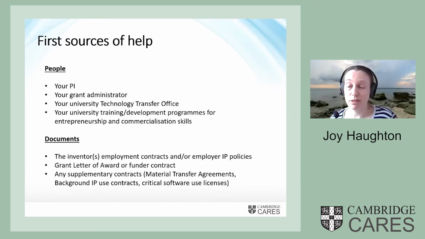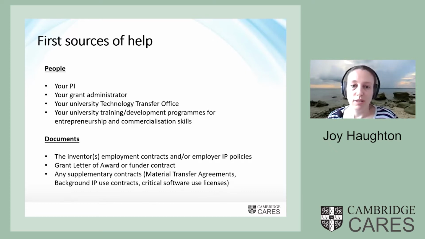And it's worth bearing in mind, not all of you in a group of inventors may have the same employment contracts and terms and constraints on you. So if one person is funded from a different source than others, that can also add its own complications. So make sure that you're talking to your fellow inventors as well.